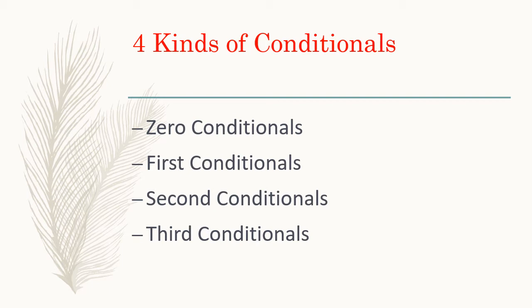So the four kinds of conditionals are the zero conditionals, the first conditionals, the second conditionals, and the third conditionals. They are not really hard to remember kasi syempre, they're using the word zero, first, second, and third. Okay? So let us discuss them one by one and find out the differences among the four.